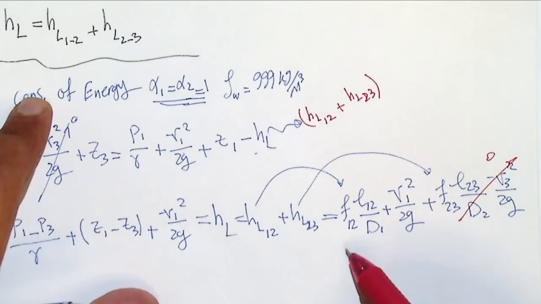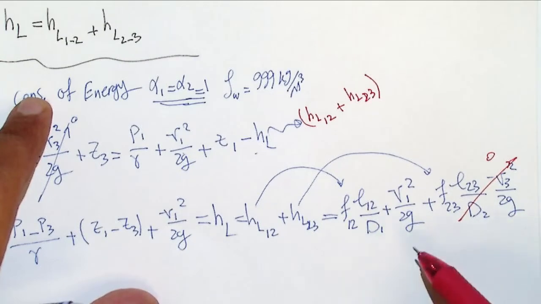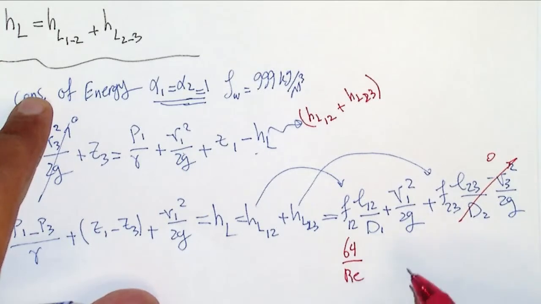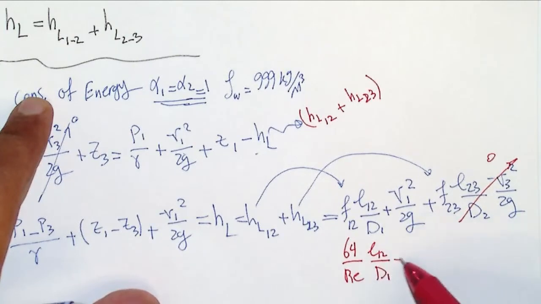And if you see that V3 is going to be 0 and V1 is not much higher than that, so we can assume that the flow is laminar here, and this is going to be 64 over Reynolds times L12 over D1 plus V1 squared over 2g, right?